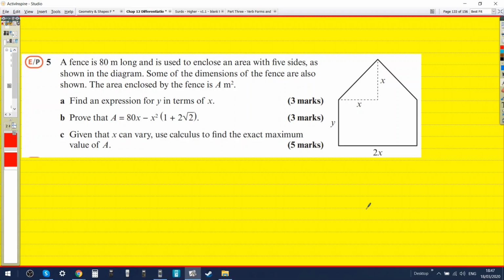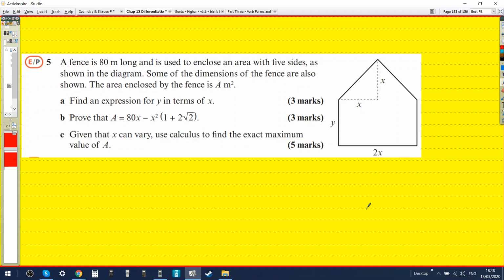And y of x. I would just come up with any equation you can to begin with.